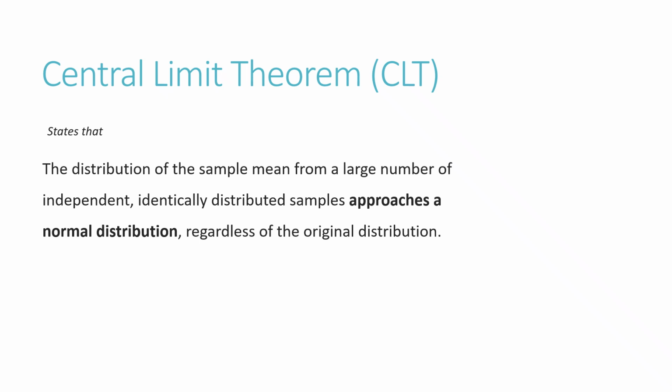In simpler terms, even if the data we start with aren't normally distributed, when we repeatedly take samples and calculate their averages, these sample means naturally form a bell curve. In our later videos, we will demonstrate practically how the CLT works.